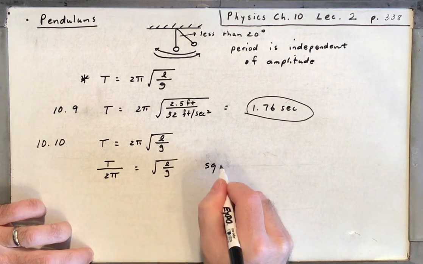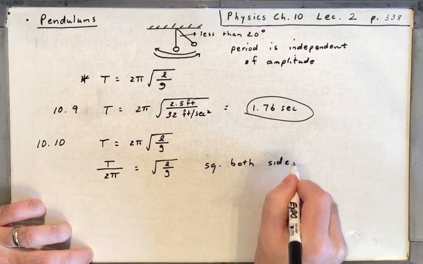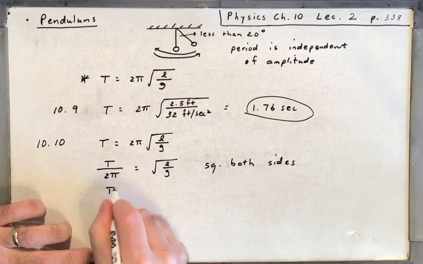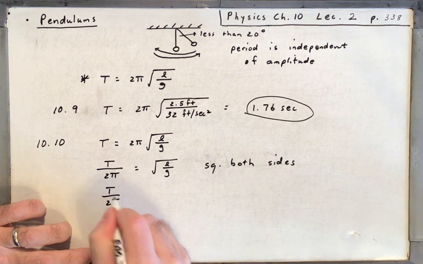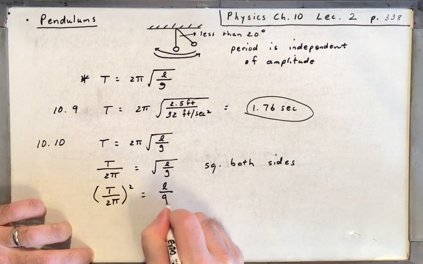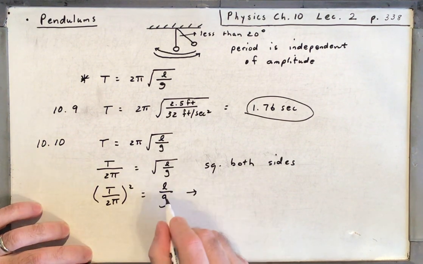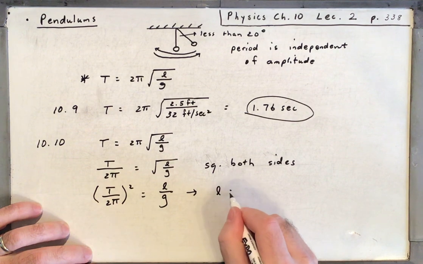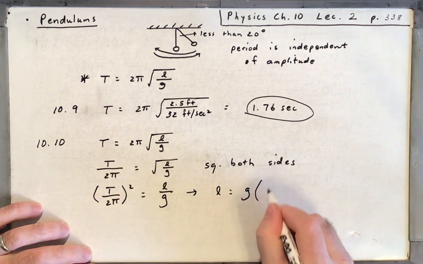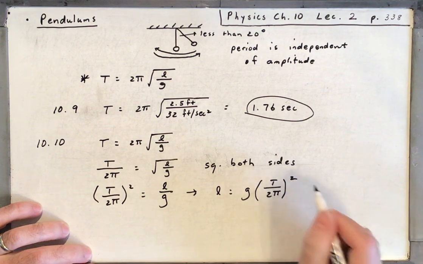Let's square both sides to lift the radical, so we'd have t over 2 pi all squared is equal to L over G. And we are solving for L. Multiply both sides by G. L is equal to G times t over 2 pi all squared.